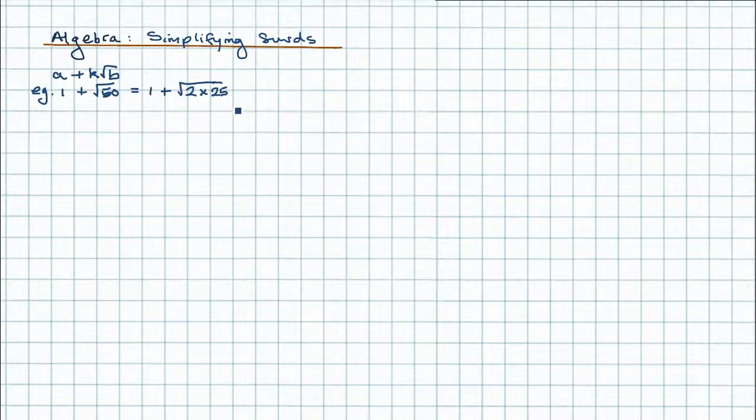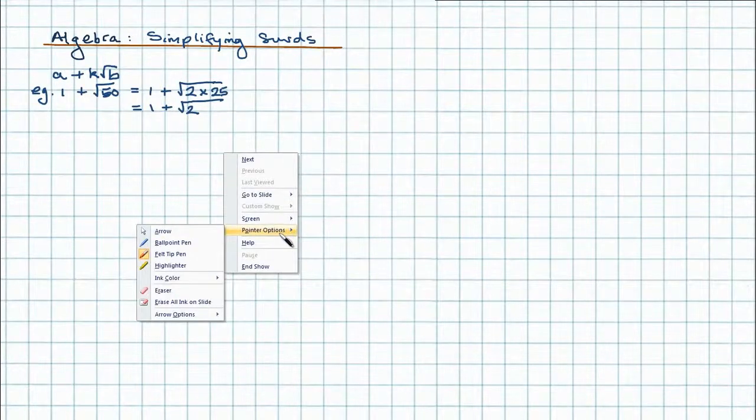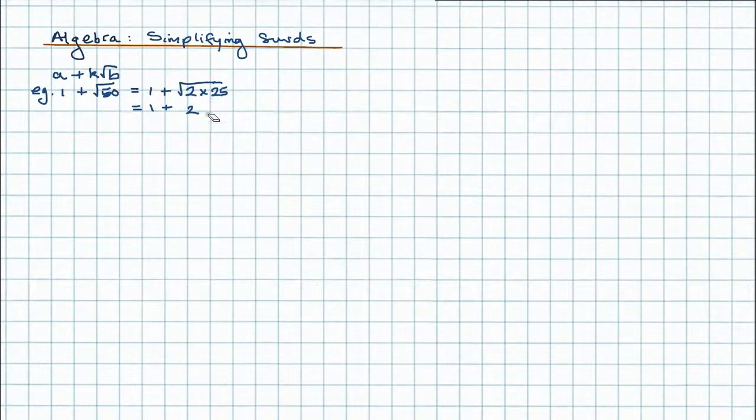And that 25 there can also be split apart, or rather the radical sign itself gets split, so we have a short radical sign there times root 25, so we can happily do this.